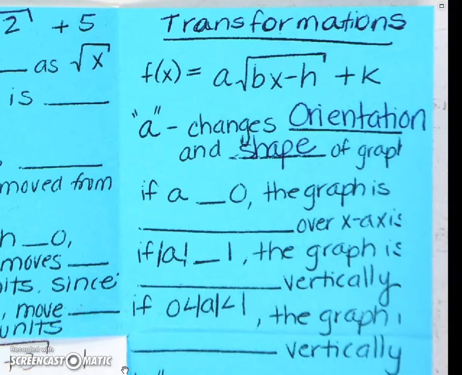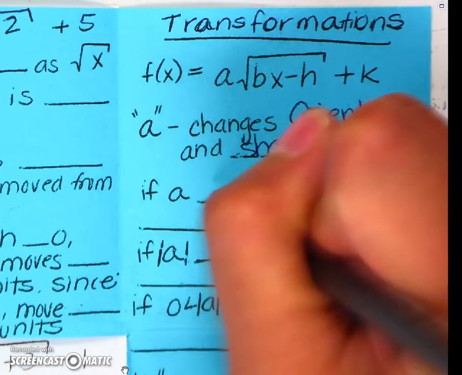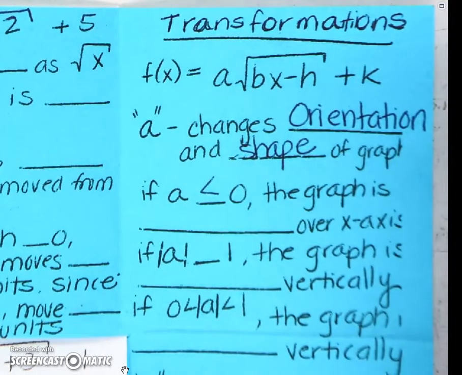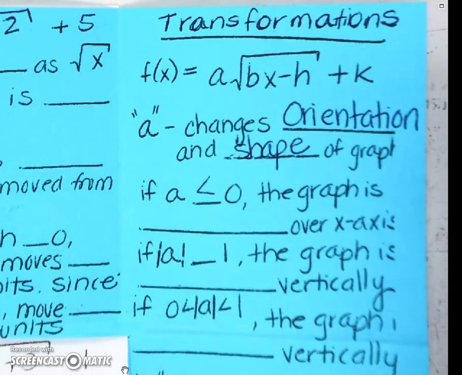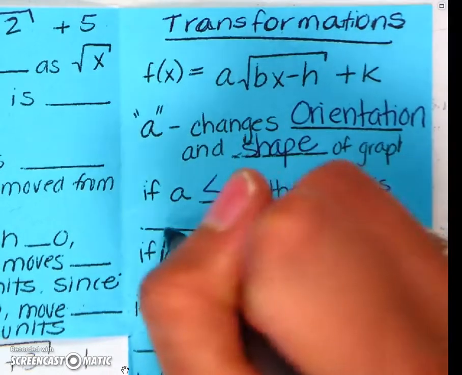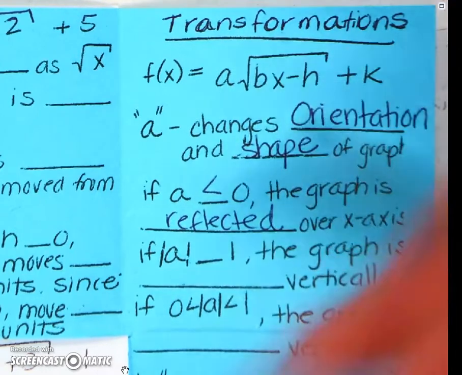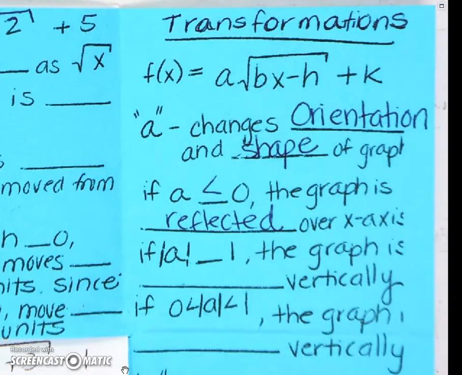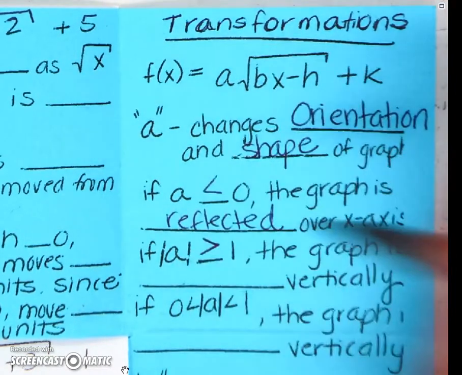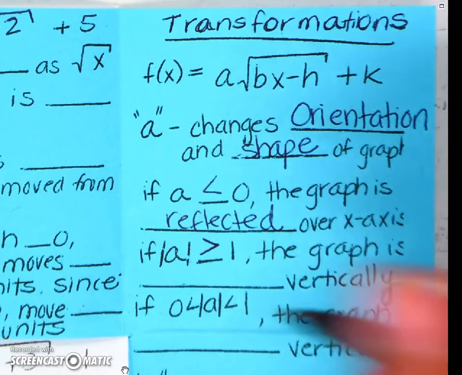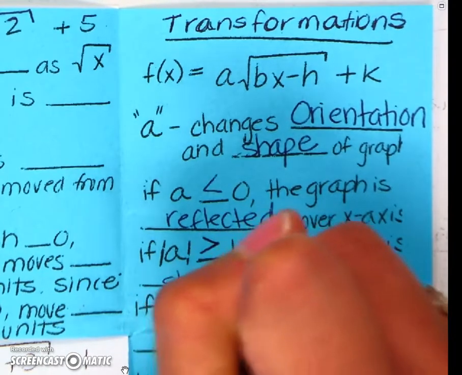Okay, if a is less than 0, the graph is reflected over the x-axis. So if a is negative, then that means it's going to be reflected over the x-axis. Okay, if the absolute value of a is greater than 1, the graph is stretched vertically.